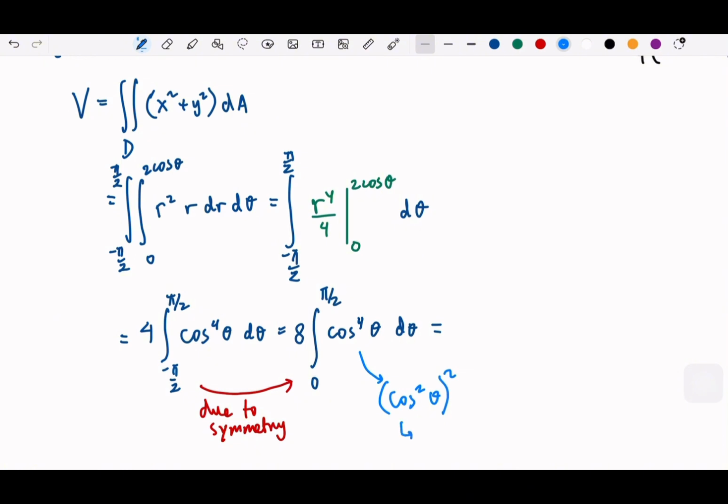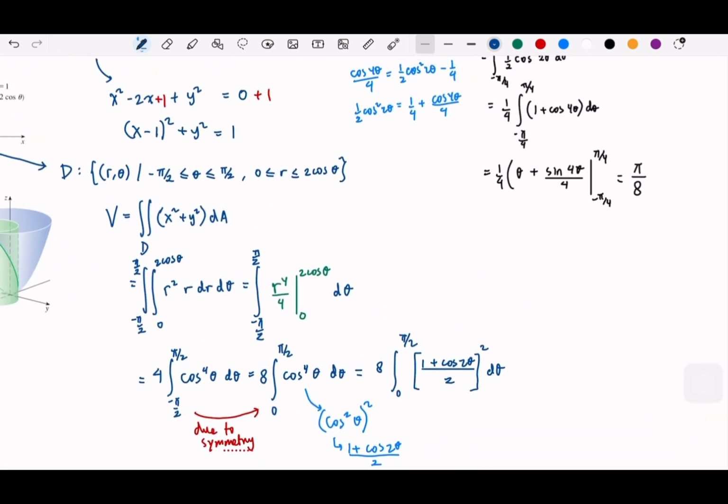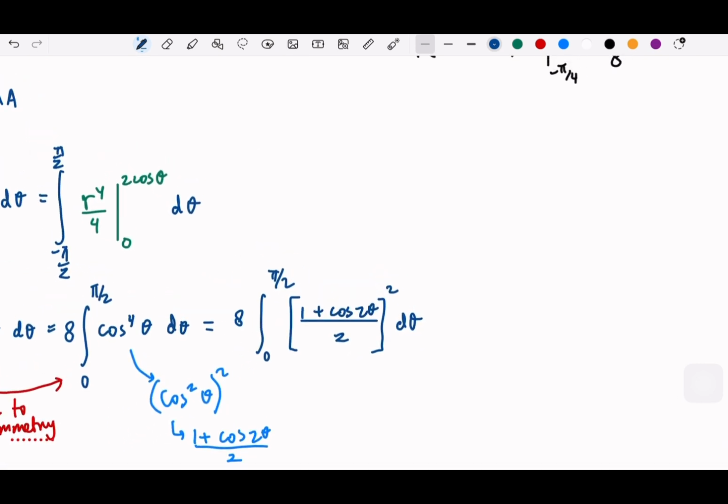So we have here 1 plus cosine 2 theta over 2. So that will be making out these formulations. 1 plus cosine 2 theta over 2, and then take the square, right? And then d theta. And then we simplify and solve.